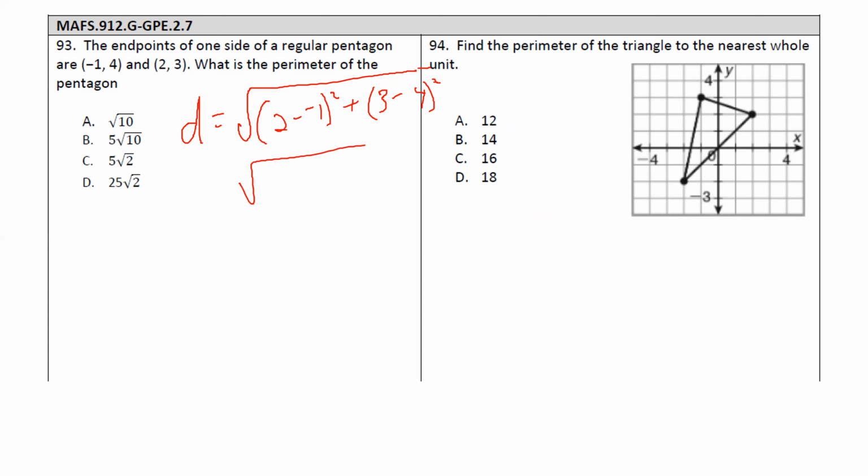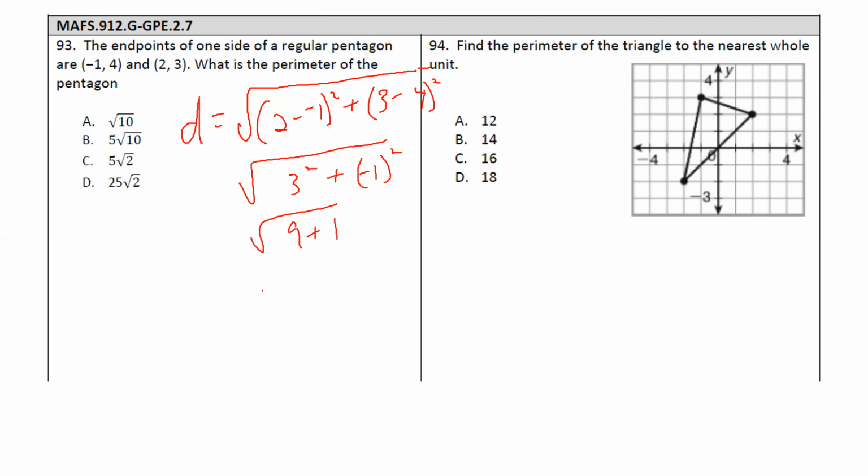So we get 3 squared plus, 3 minus 4 is -1, so -1 squared. 3 squared is 9, 1 squared is 1. Add them together, we get 10. That's square root of 10.